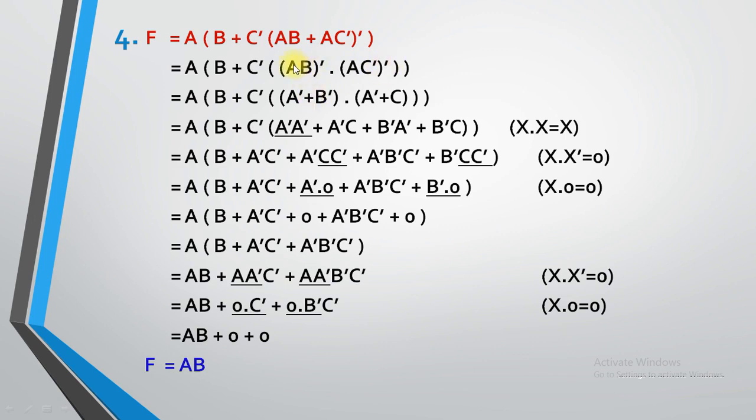Now to apply complement to the function a dash plus b dash into a dash plus c, multiply a dash with a dash, a dash with c, b dash with a dash and b dash with c. Now a dash and a dash can be replaced by a single a dash, and multiply c dash with each term. C into c dash means 0 and any multiplication with 0 is 0. Final term would be this.